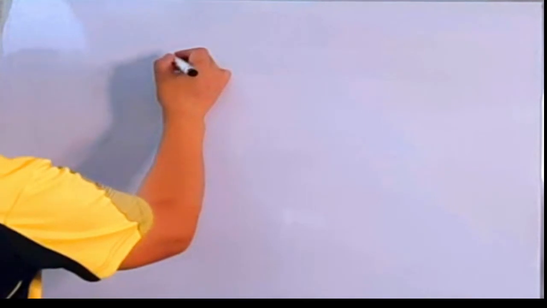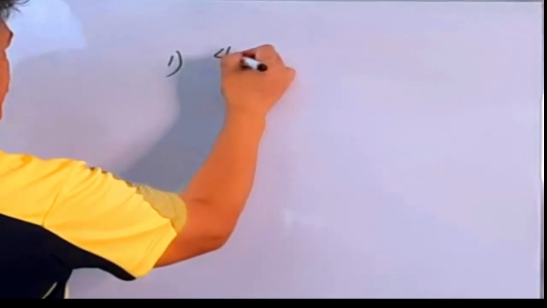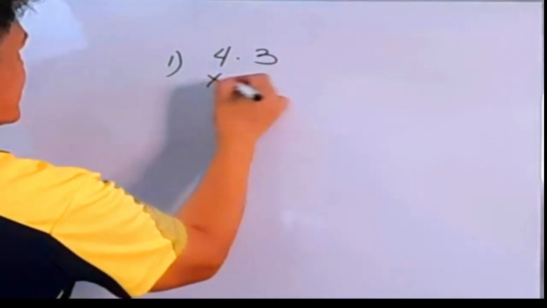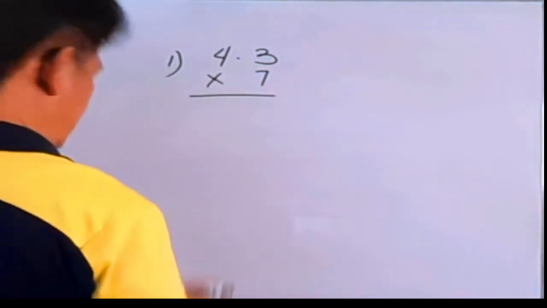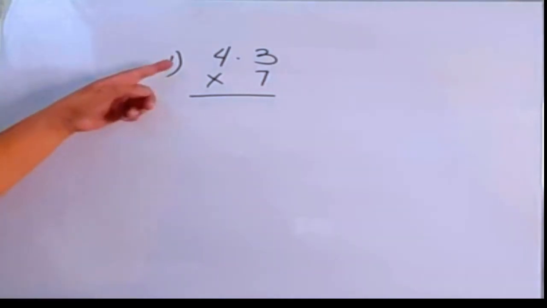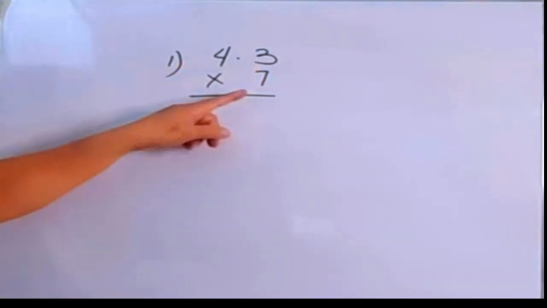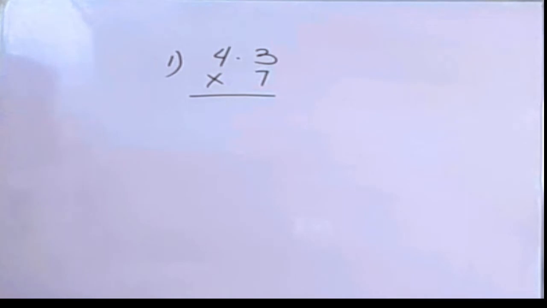Let's take our first example. Let us multiply 4.3 times 7. In performing the multiplication of decimals, we multiply 4.3 times 7 as if we are multiplying whole numbers.